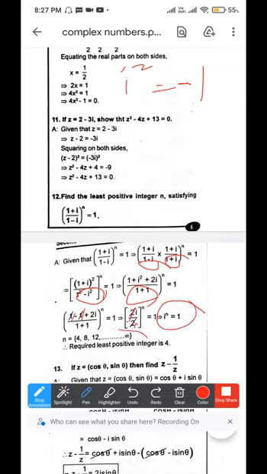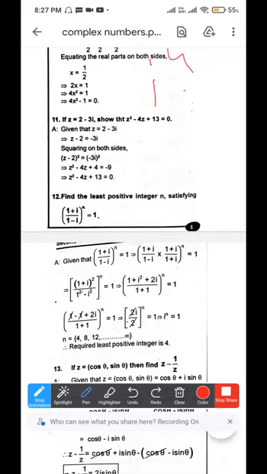What is n? When will i power n be positive? i square is minus 1, but what is i power 4? i power 4 will be i square whole square, right?